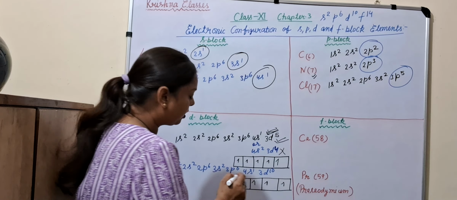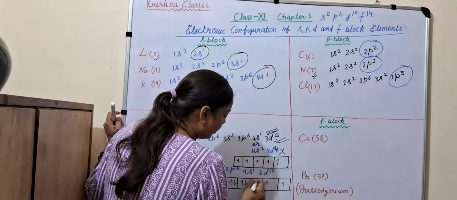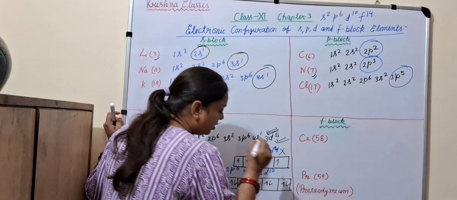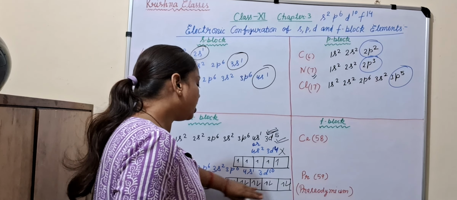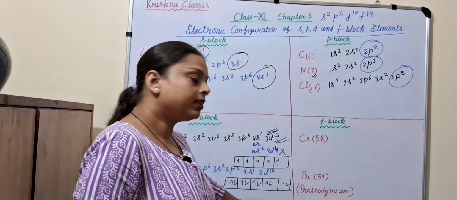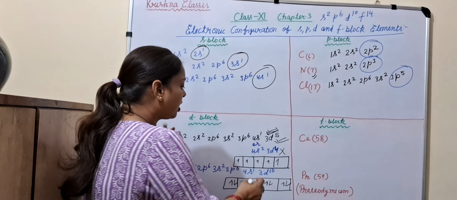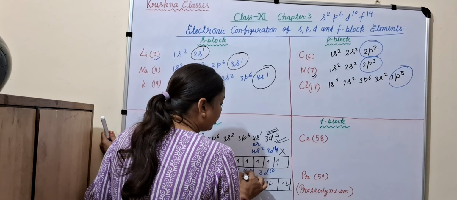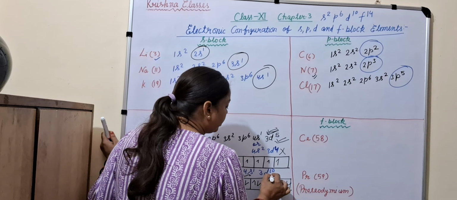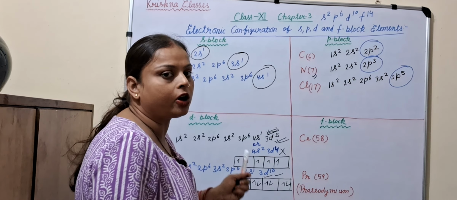Then pairing starts: 6, 7, 8, 9 and 10. So in this case the d orbital is completely filled. That's why they are more stable compared to partially filled, and that's why they show the 4s1 and 3d10 electronic configuration. This one is the correct one for copper.